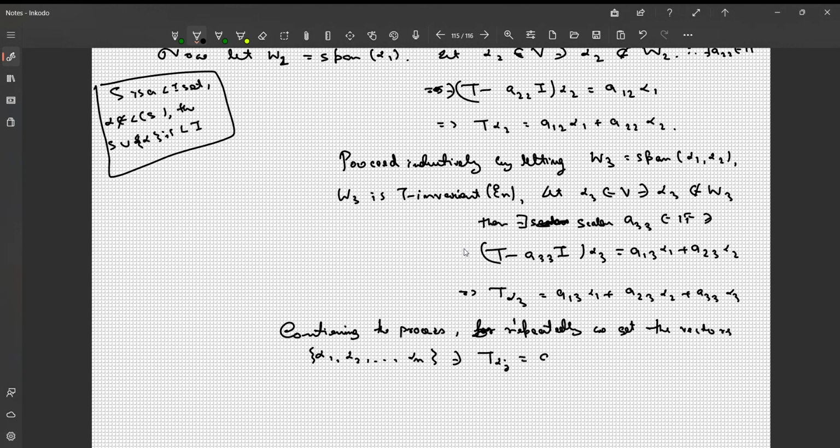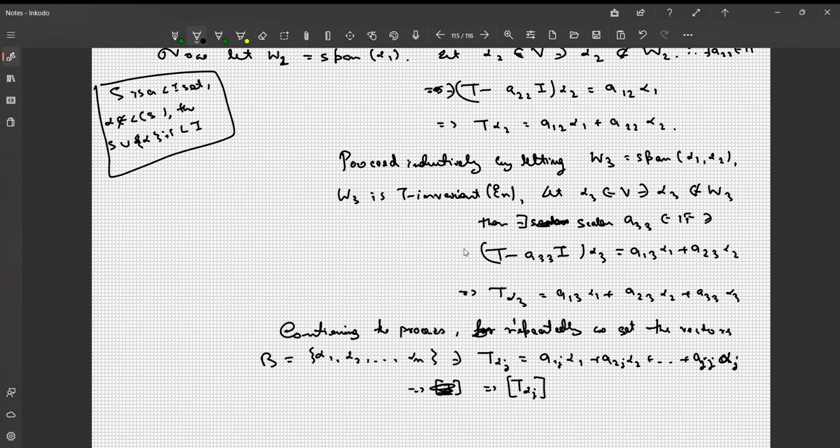We get the vectors alpha 1, alpha 2 till alpha n such that the representation of each alpha j under T is of this form, right? So it's of this form A1j alpha 1 plus A2j alpha 2 and so on till Ajj alpha j, right? Is it clear? So it continues till only j terms, right?